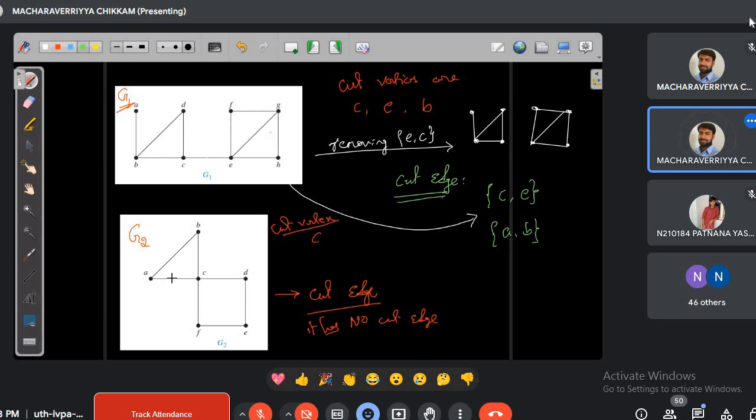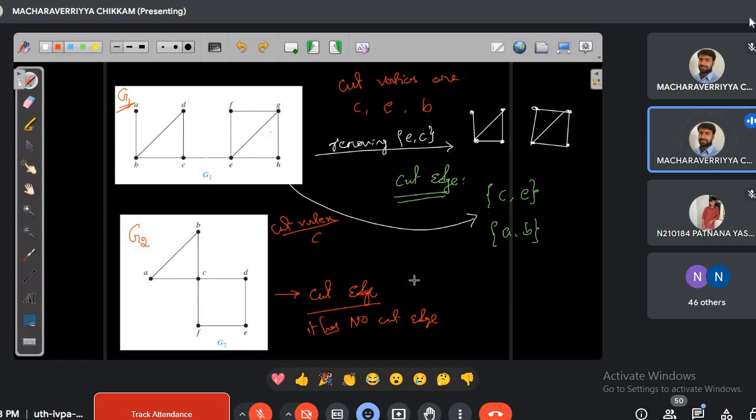That is, either you can remove AC and BC. Removing these two, this graph becomes disconnected. But if you remove AC and CD, it is not becoming disconnected. All right.